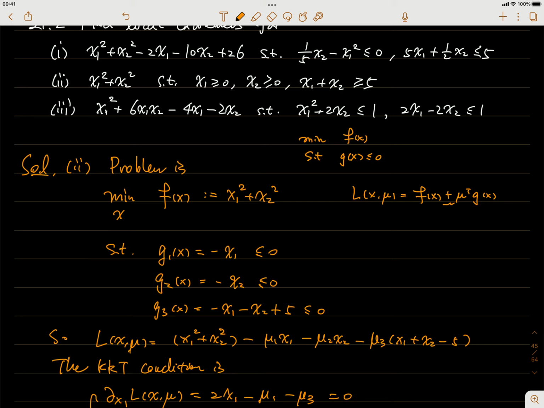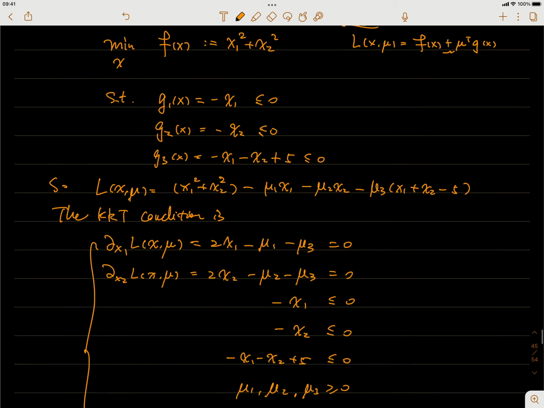Whatever you have, you put it on one side, and if it's greater than or equal to 0, you just take a negative sign. So always form the inequality constraint this way. Of course, we may have equality constraints as well, but this particular question doesn't have h at all, so we just have this g function.